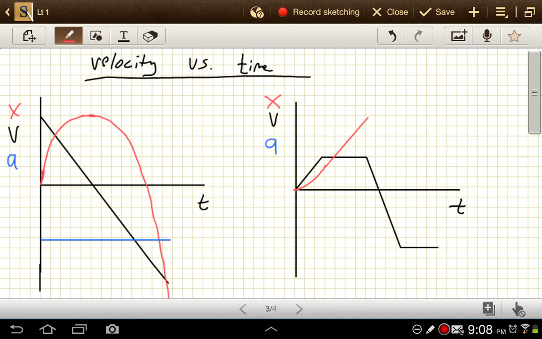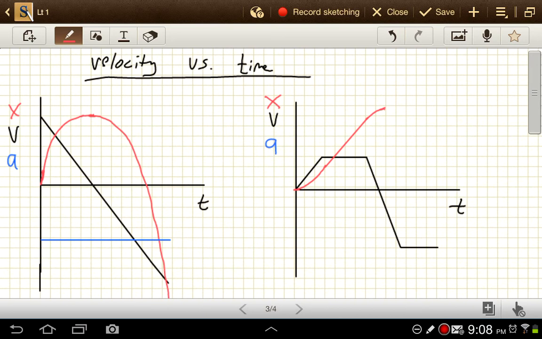And then for the next section, here to here, our slope starts as positive, starts going up and to the right like this, gradually gets smaller and smaller until we get to a slope of 0. So we have another curve here that needs to be horizontal right there.